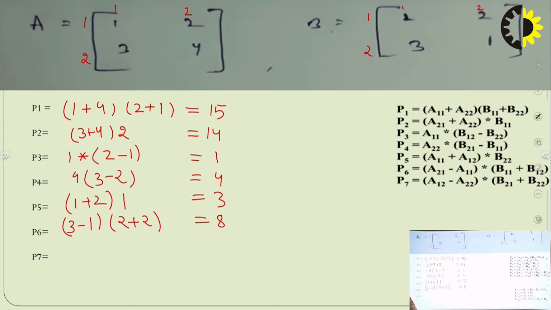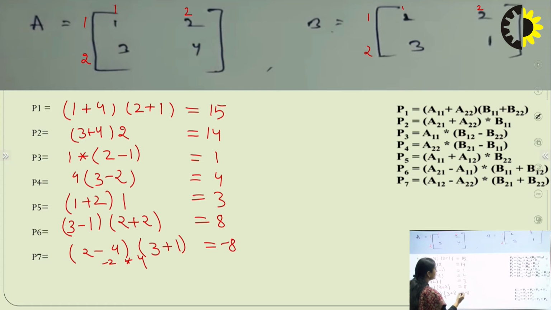After that, the value of P7. What is the value of P7? A12 is 2 and A22 is 4, so A12 minus A22 is minus 2. Then multiply by B21 plus B22, where B21 is 3 and B22 is 1. So this is minus 2 multiplied by 3 plus 1, which is 4.